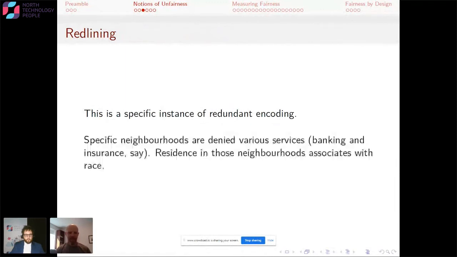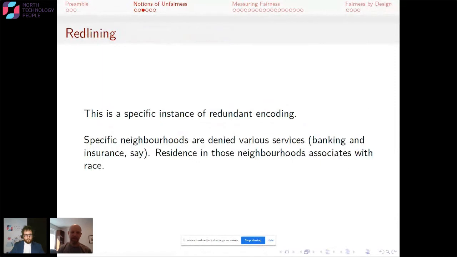Redlining is a specific form of redundant encoding where particular neighborhoods, for example, can be denied services. And if those neighborhoods are highly correlated with particular races, then again, this is a form of redundant encoding for a protected group. Again, it doesn't have to be explicitly coded for it, but it'll come out.